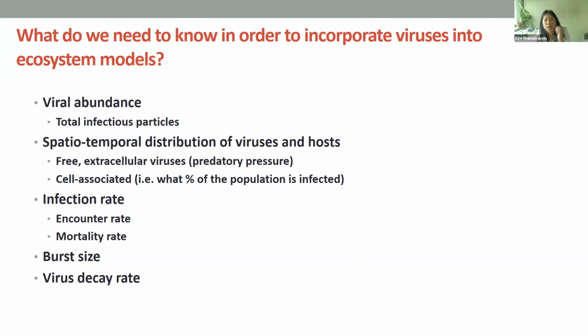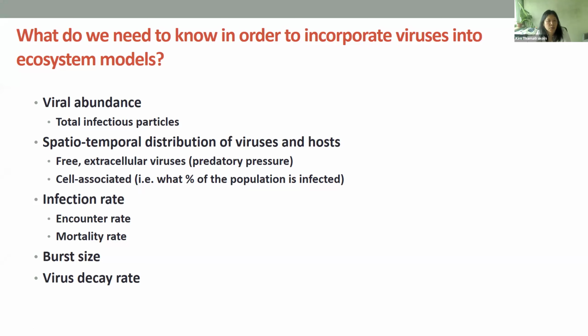And so what do we need to know in order to incorporate viruses into an ecosystem model? This is a somewhat simplified view of some first order parameters that might be needed in order to start to incorporate viruses into these models. And you've heard about these in some of the first two talks, but knowing viral abundance, images like I just showed you in the previous slide with the SYBR Green only really show you the total abundance of viruses.